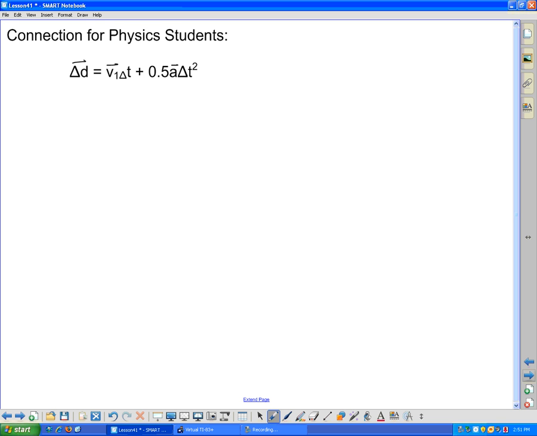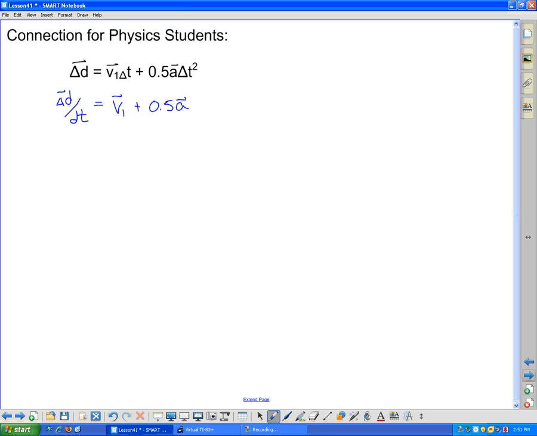If I take the derivative of displacement with respect to time, then we know that we'd be taking the derivative of t. So we would be left with v1, and then delta t, derivative of that would be 1, plus 0.5a.